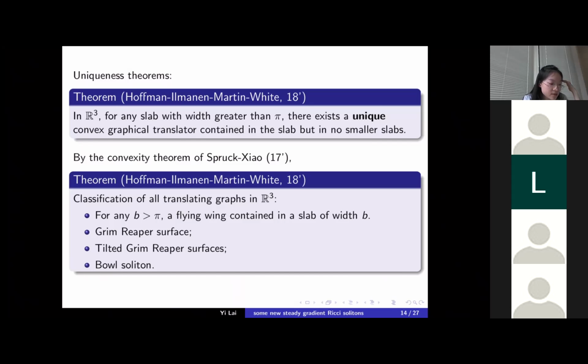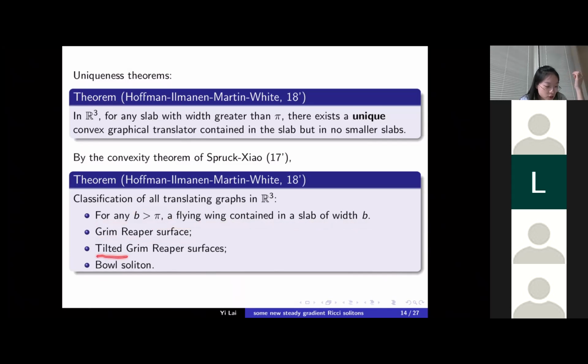So this theorem of Hoffman, Ilmanen, and White leads to the following classification result of all translating graphs in R3. The first class is the flying wings contained in a given slab with width b greater than or equal to pi. And then the second type is the Grim Reaper surface, which we'll see how it looks in a second.